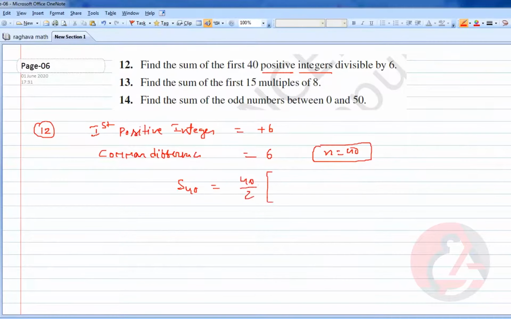S40 is 40 by 2 into 2 into 6 plus 39 into 6. Solve the question. Let me know the answer. What is the answer?